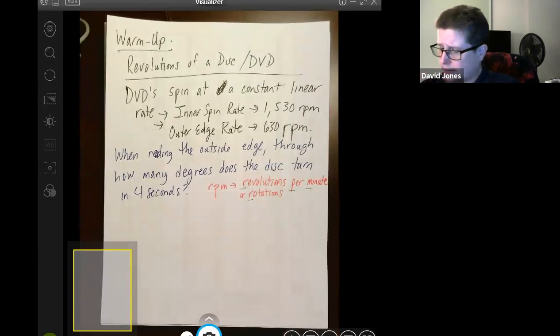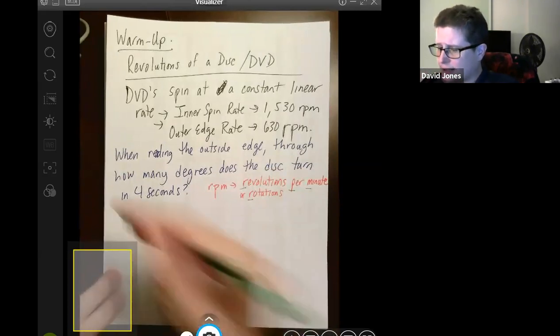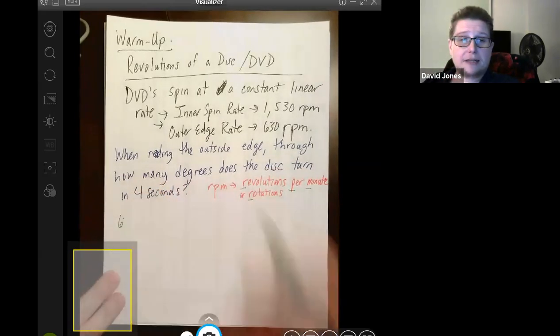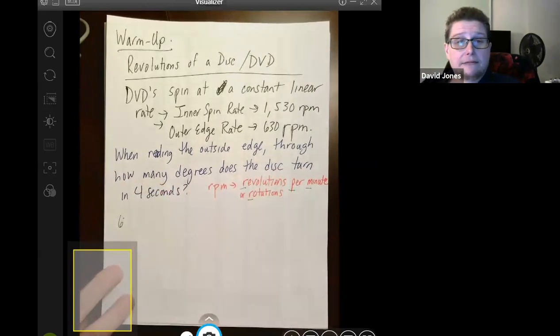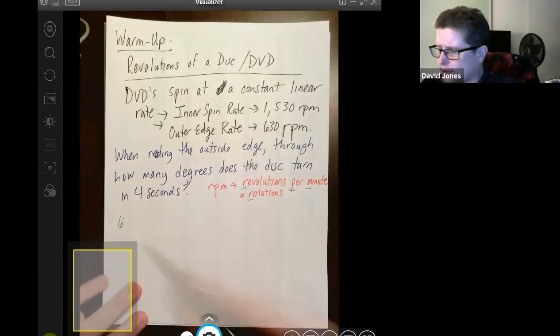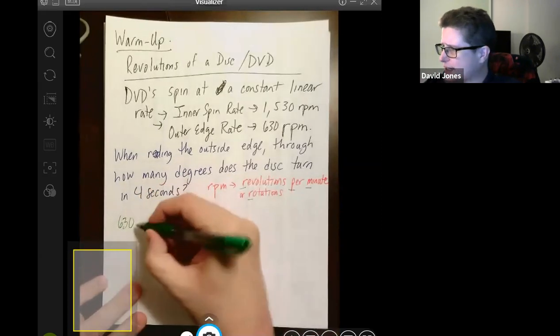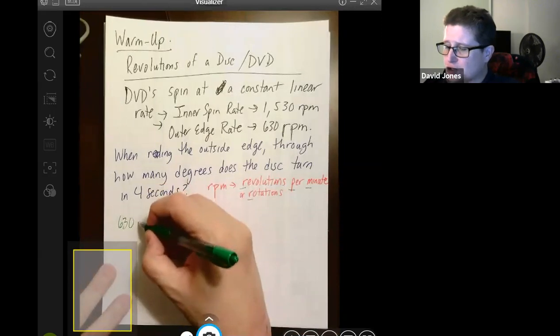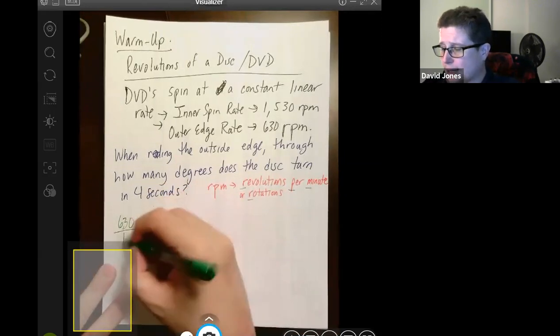So we have 630, I'll let you pause and think about it. Make sure you pause it. If you want to work on this, try to figure it out on your own. We have 630 revolutions or rotations in 1 minute.